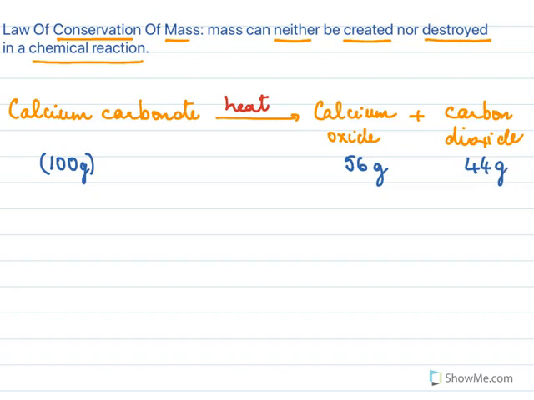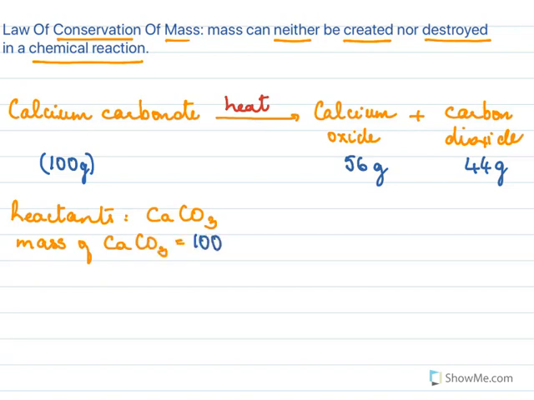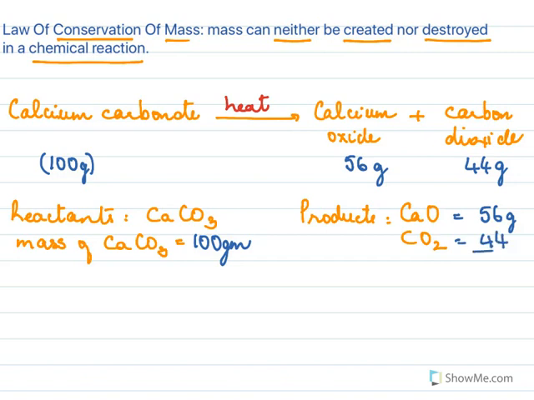Now the reactant in this is calcium carbonate, and the mass of calcium carbonate is equal to 100 grams. And the products, we have two products, calcium oxide and carbon dioxide. The mass of calcium oxide we saw is 56 gram and of carbon dioxide is 44 gram, and if you add up this you get 100 gram.